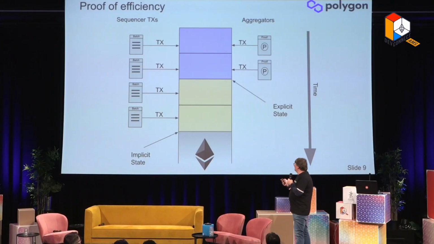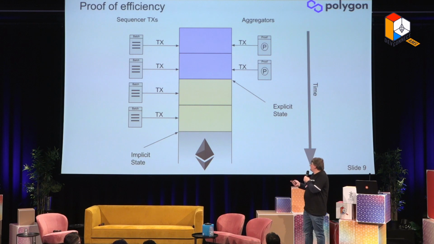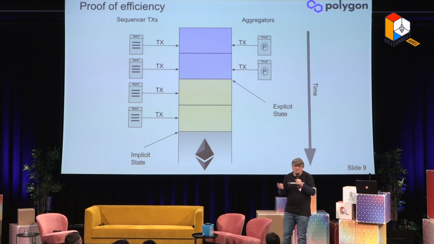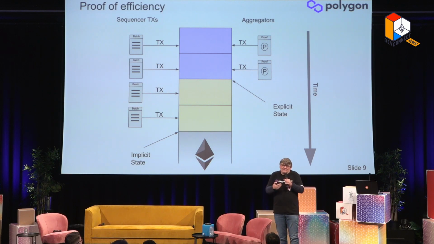And the other difference is that in the proposal that we made, proof of efficiency, it's purely decentralized in the sense that anybody can be a sequencer. There is no single sequencer. Actually, it's not a sequencer. The sequencer is Ethereum, so when somebody puts the transactions there, then they get sequenced.